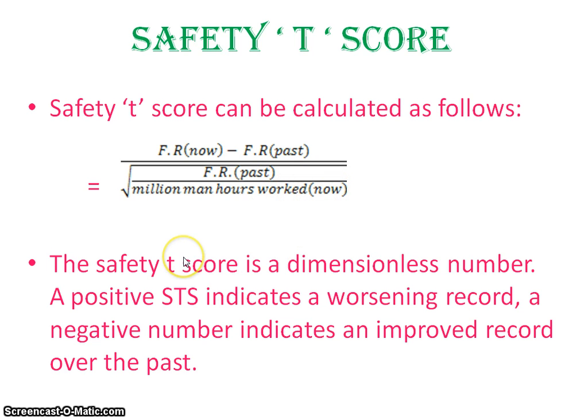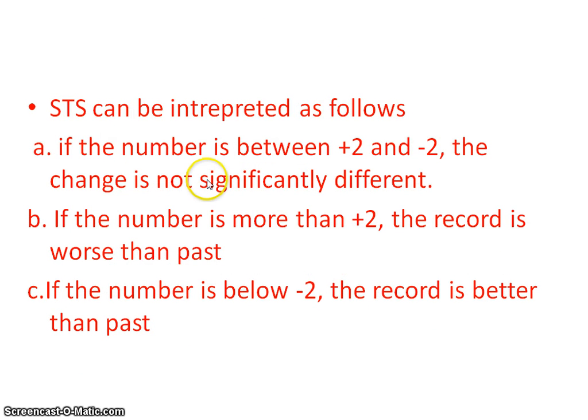So we have certain criteria for measuring the safety T-score. The safety T-score is a dimensionless number. A positive safety T-score indicates a worsening record, whereas a negative safety T-score indicates an improved record over the past. We'll see that. So safety T-score can be interpreted as follows.